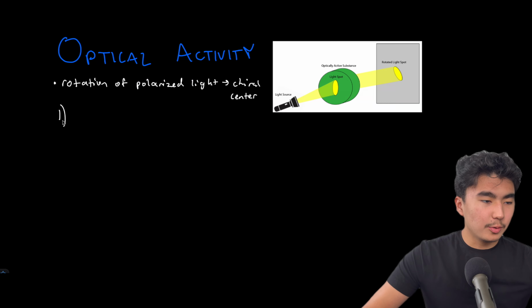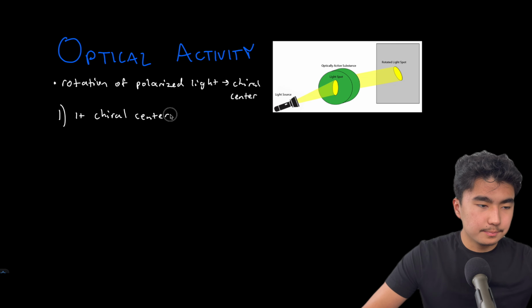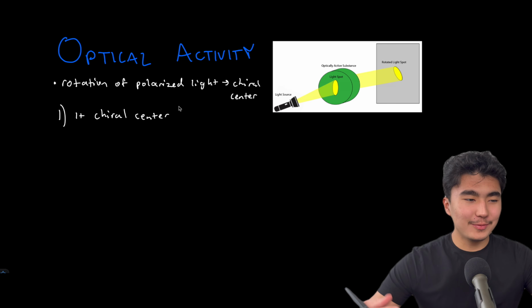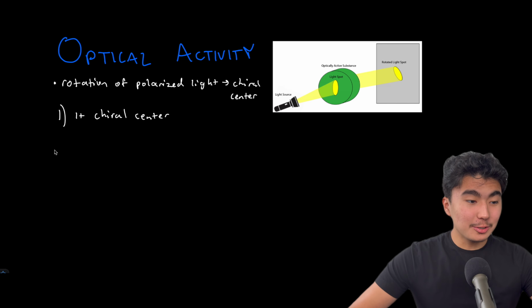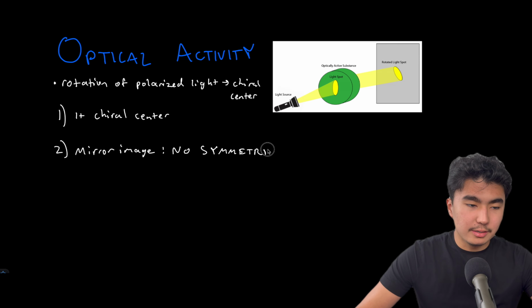Number one, if we want to have an optically active molecule, we need at least 1 chiral center. And I also apologize ahead of time if you can't read my handwriting. But second qualification is we need that chiral center to be non-superimposable and a mirror image. We also do not want any symmetry, so no symmetry or no plane of symmetry.